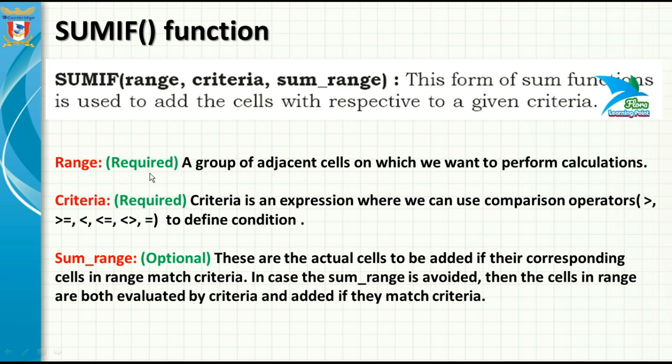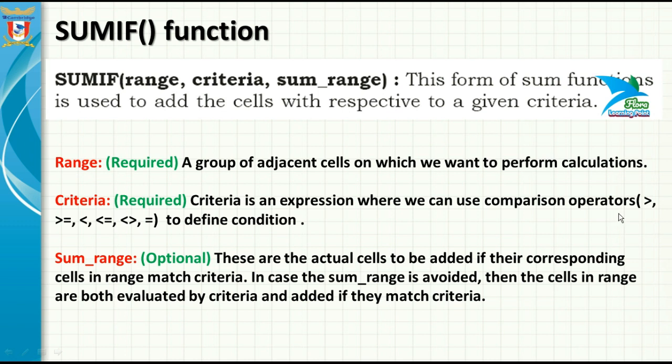So first we'll discuss range. This is a required parameter, a group of adjacent cells on which we want to perform calculations. So the first parameter decides the range of cells on which we want to perform the calculations, and next we have criteria. Criteria means condition. It's also a required parameter, and criteria is an expression where we can use comparison operators.